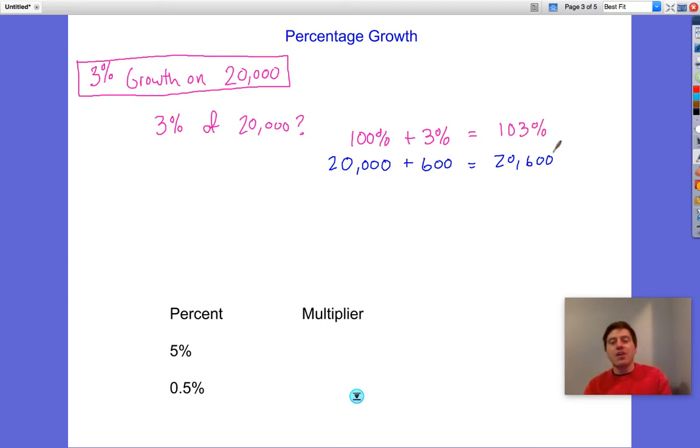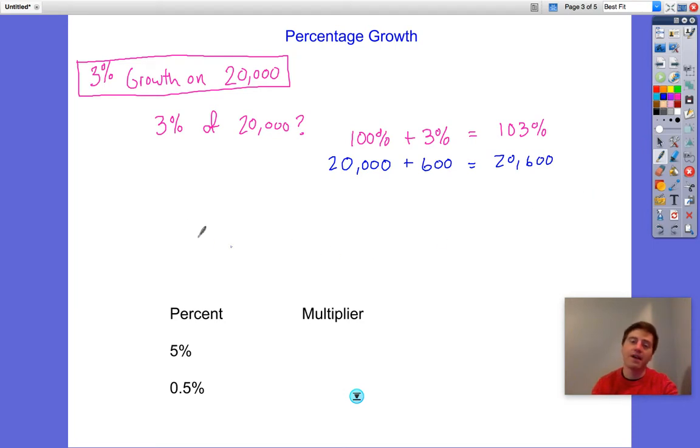What if, instead of finding 3% and adding it on, I just took it in one step and said, I'm going to find 103% of 20,000? That is the 100% we started with plus the 3% growth, which gives me 103%. So if I find 103% of 20,000, it should give me a 3% growth.